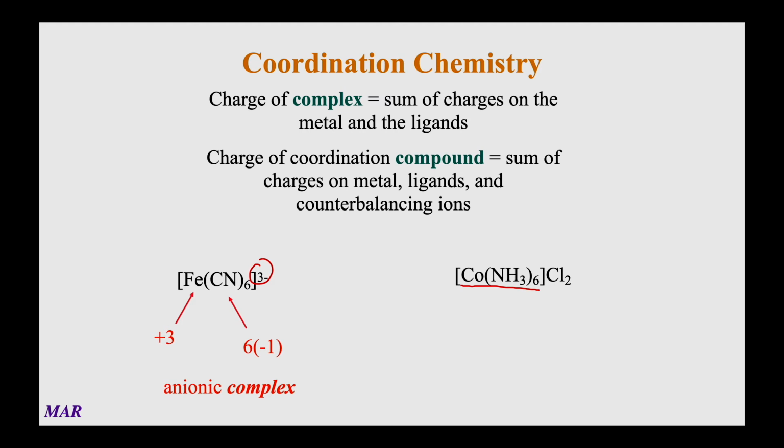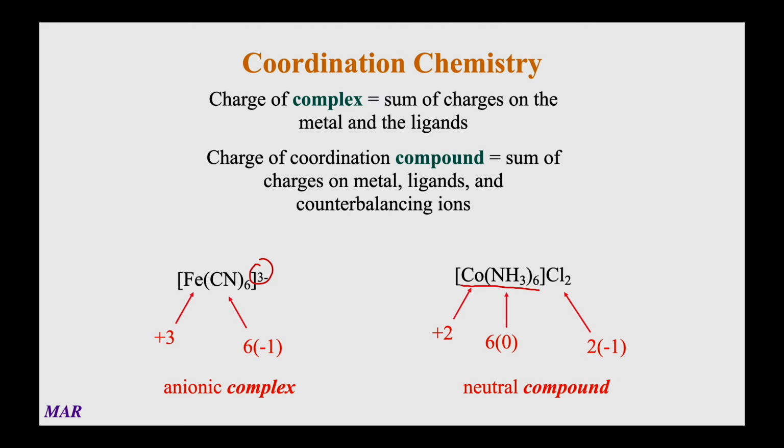Now, NH3 is ammonia, and ammonia is a neutral ligand, so ammonia has no charge. But the cobalt there is being balanced on the outside by 2 chlorides. And since Chem 221, chloride has always been -1, and there's 2 of them, that must be a cobalt +2 center. So in this neutral compound, the +2 cobalt is being balanced by 2 -1 chlorides.